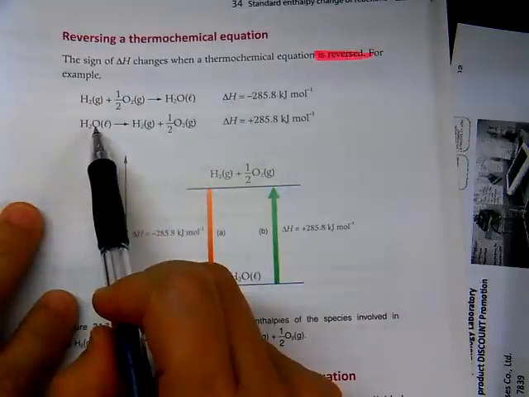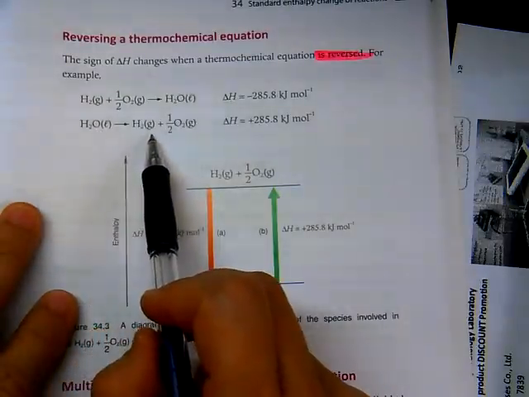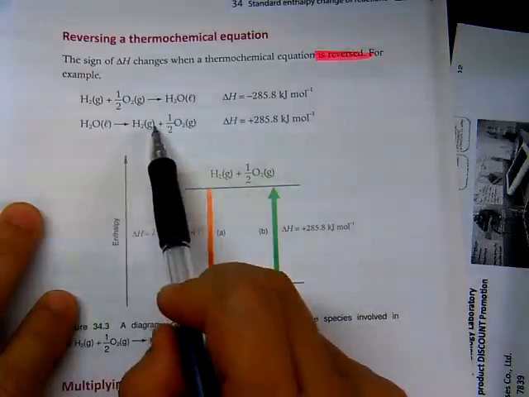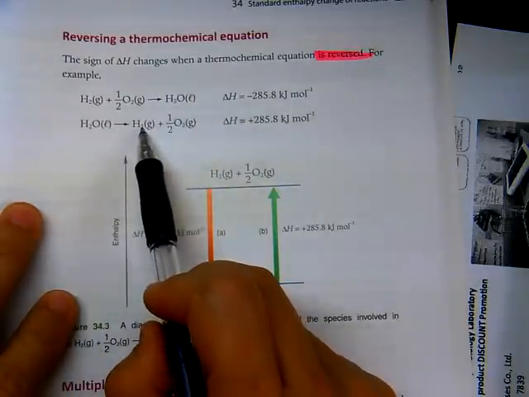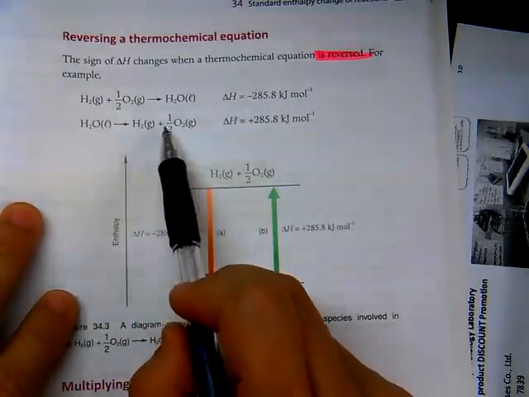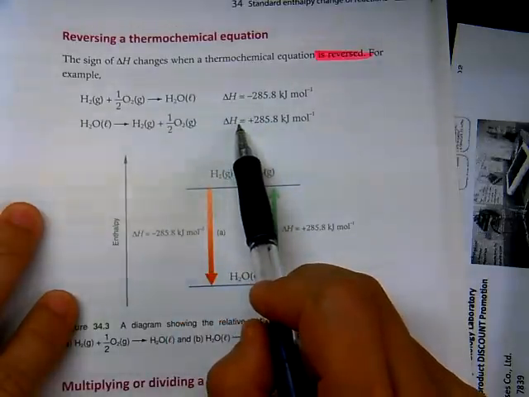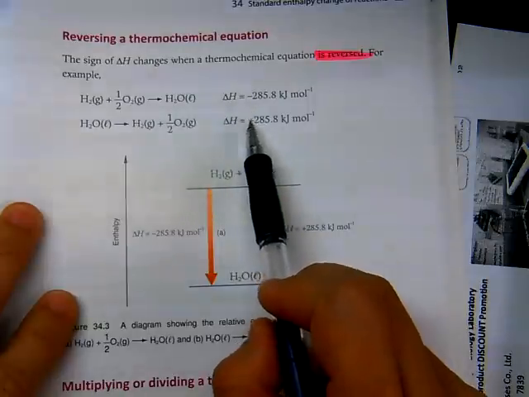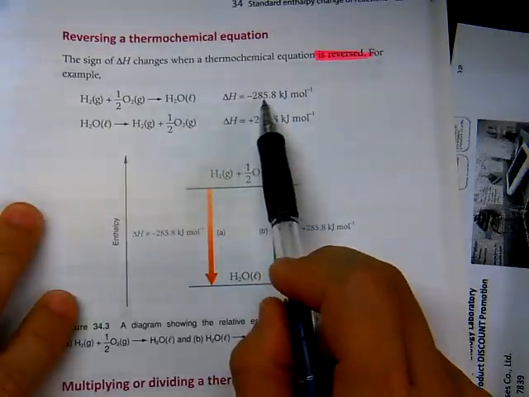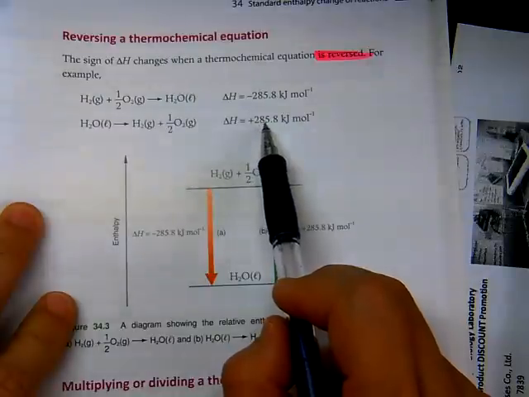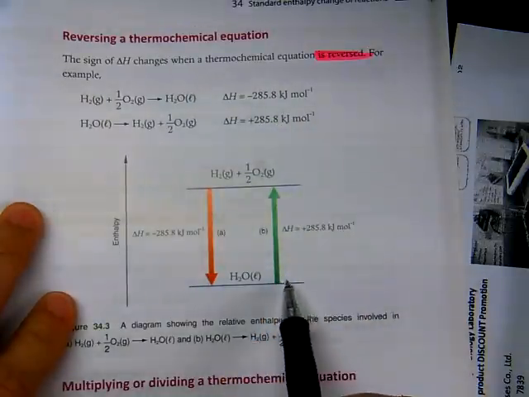Now, if you reverse the chemical equation, that means from H2O liquid, change it back to H2, 1 mole and half mole of O2, the delta H will have a positive sign and the same value, positive 285.8 kilojoule per mole.